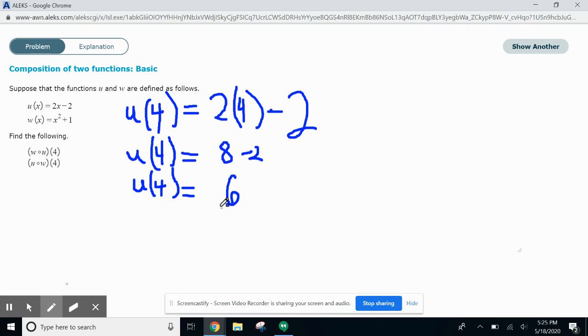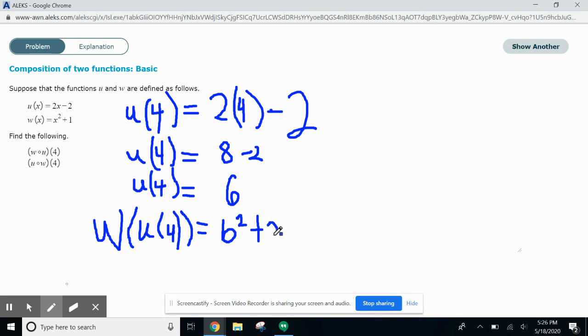So now I got to plug that in to w. So now w of u of 4 will be 6 plugged into w. So now I have 6 squared plus 2.